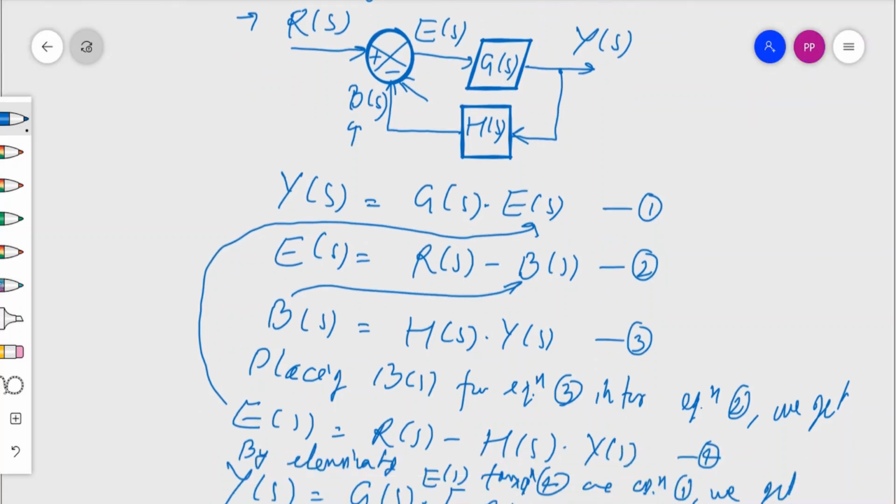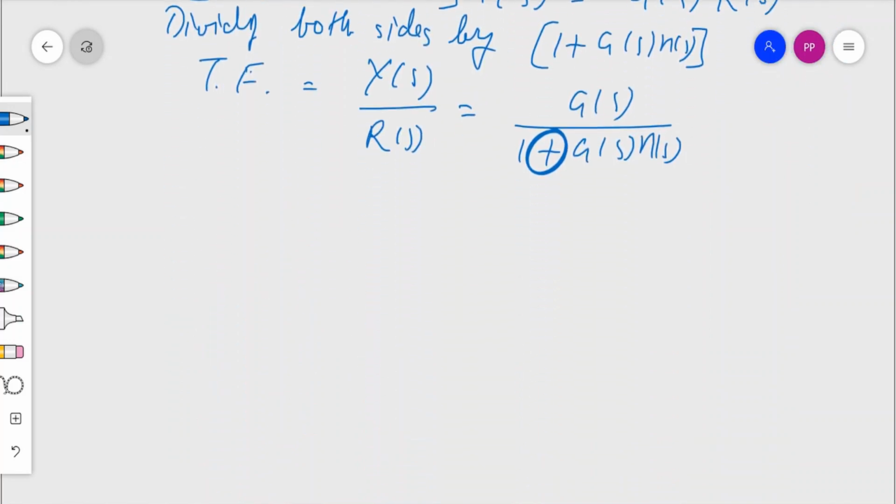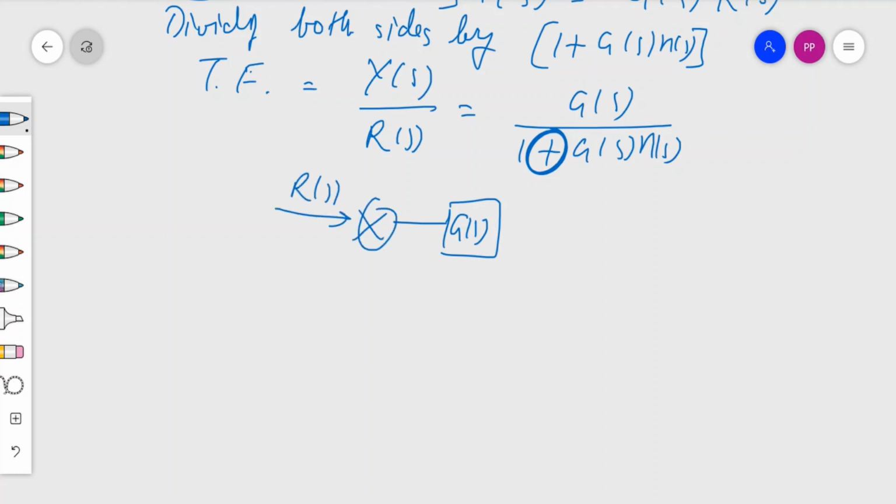So we understand that if the signal is subtracted at the comparator, this minus sign will come. So if you try to find out the transfer function for a system which is like this, you have the R(s), this is the plus, and you have the feedback which is again plus.